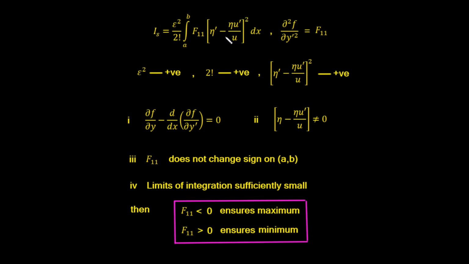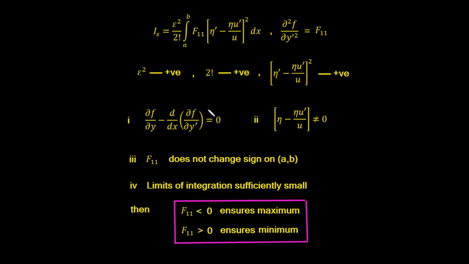So all of these terms are going to be positive. The only term that's left is the f11. So the only term here that determines whether the left hand side is positive or negative is the f11. So that's really the final part of our jigsaw, and that's the final part of our proof.